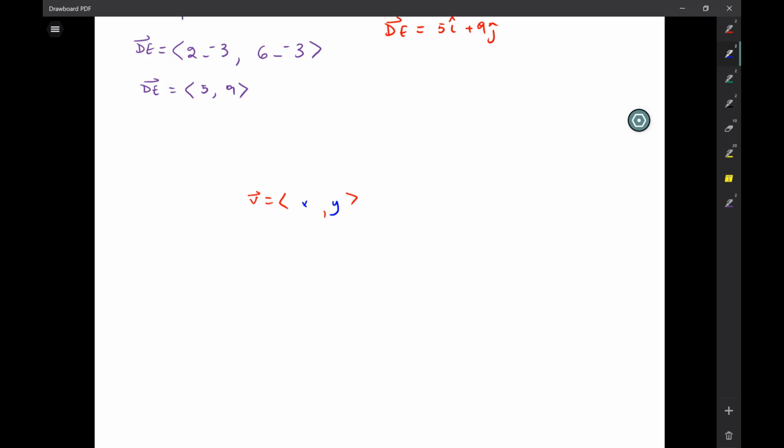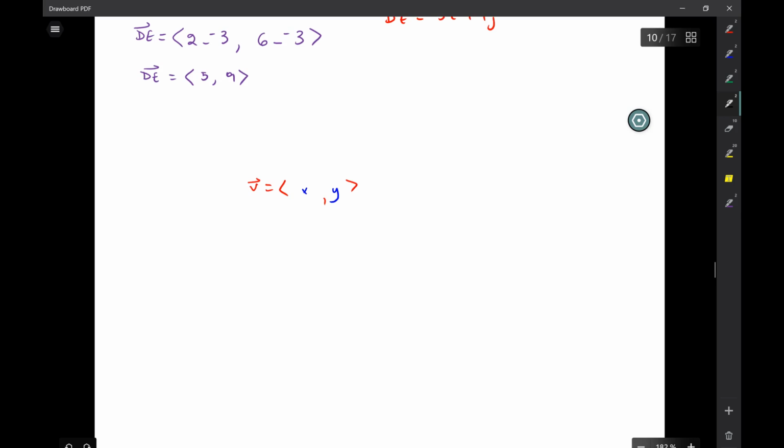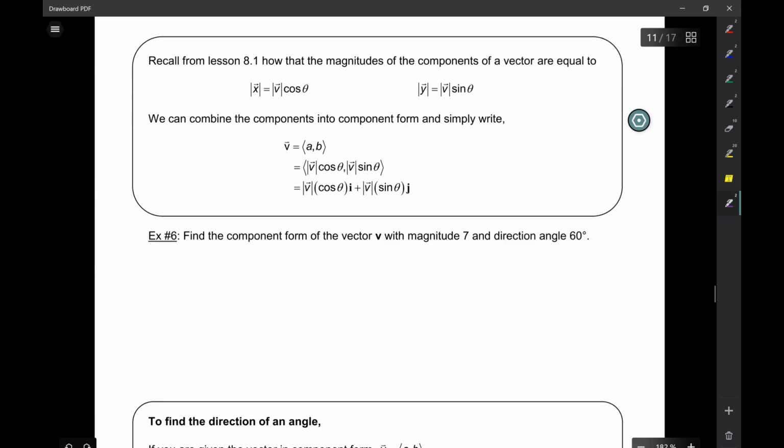The day before, we learned two additional things. We learned that the x component was actually v cosine theta, you remember? And the y component was actually how much? V sine theta. So now we're going to combine them and put that inside our brackets.